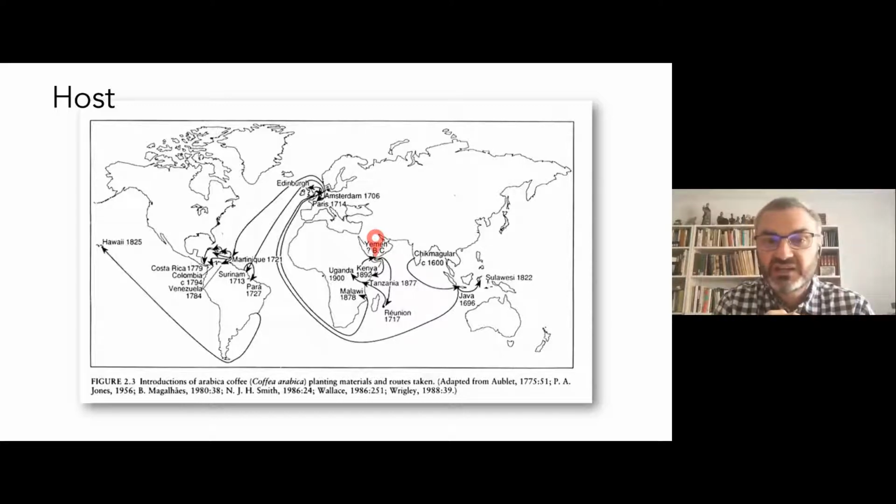And so essentially, this host that was highly susceptible to rust, the arabica plant, was able to circulate globally while the disease, for all practical purposes, remained trapped in Ethiopia itself. And so coffee planters all around the world could essentially grow their arabica without worrying much about the disease.